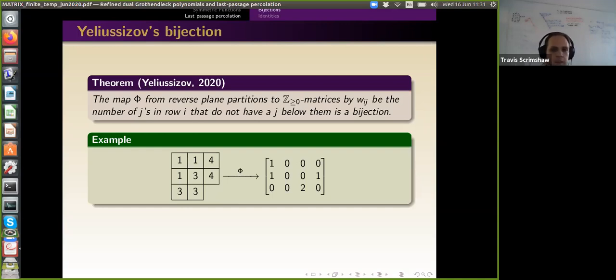So as an example, what we have is right here, where this one gives us this entry here. This one is this entry.